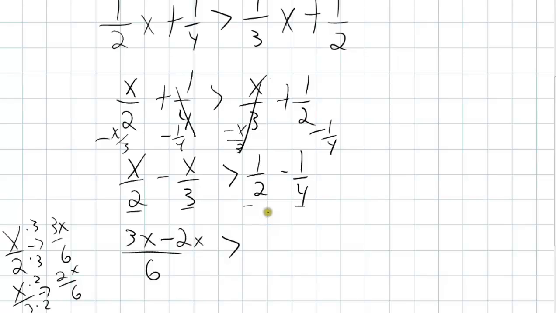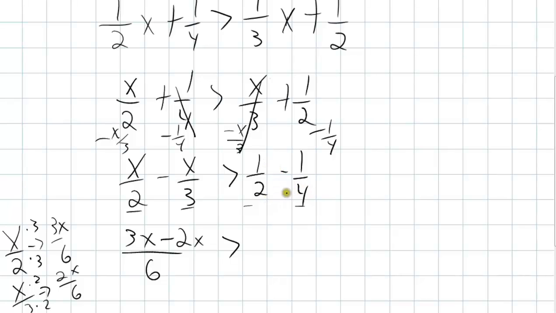Okay? And now I do the same thing over here. So I have 1/2 minus 1/4. Let's simplify that. I could say, well, common denominator is 4, right?